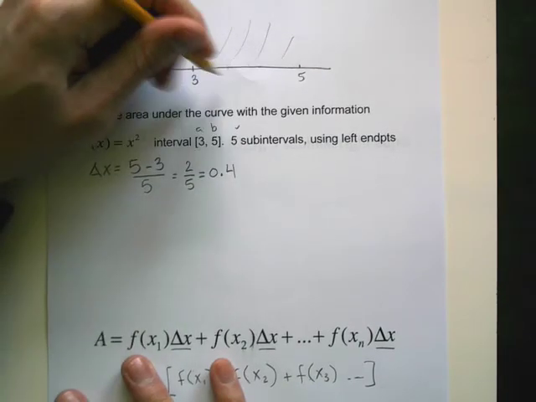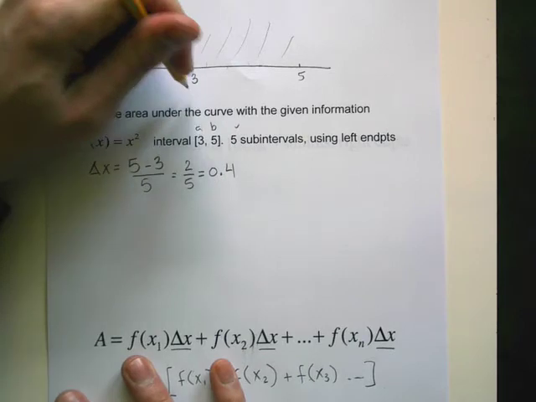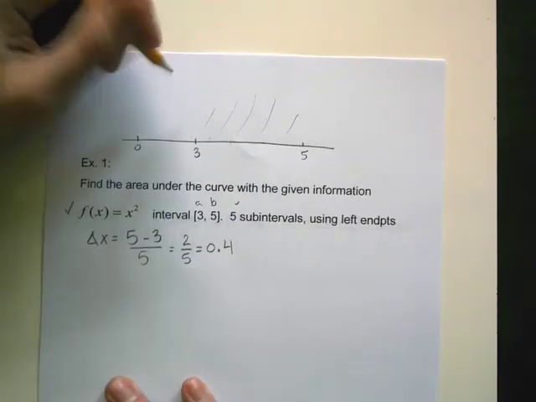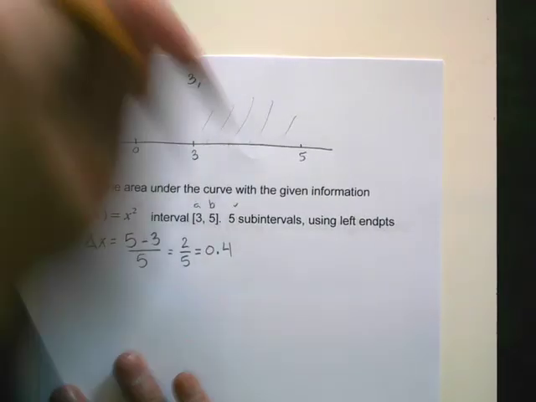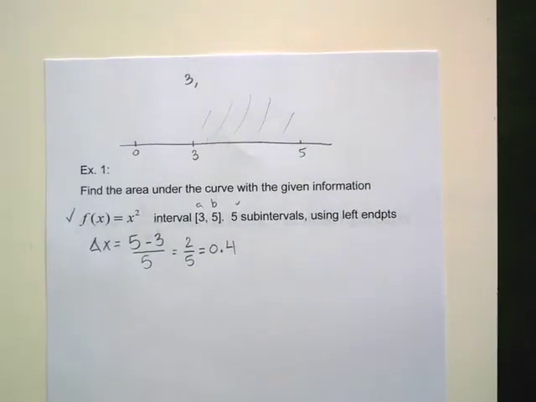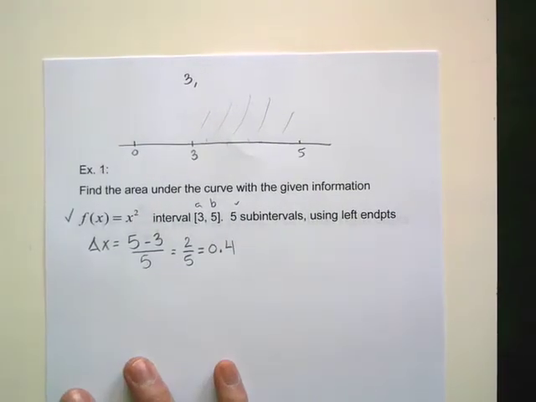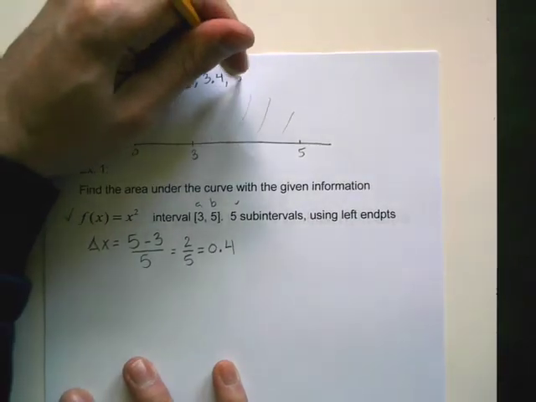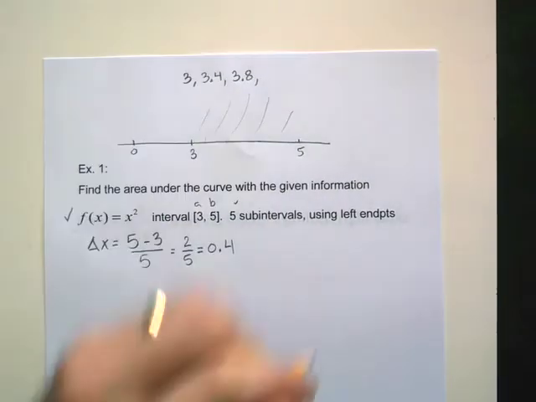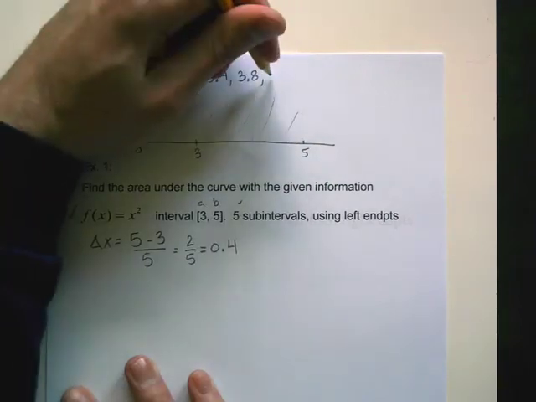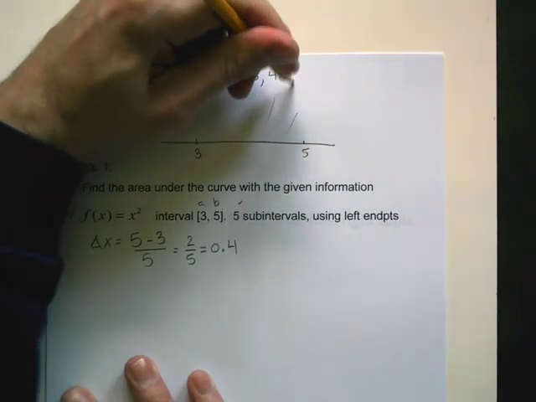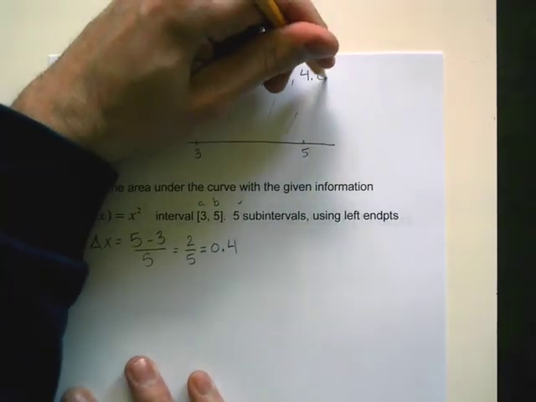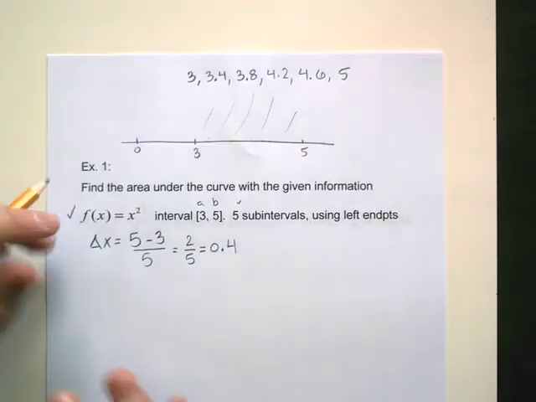So you've got 3, and then I would have 3.4, 3.8, and then 4.2 and 4.6, all the way up until you get to 5, right?